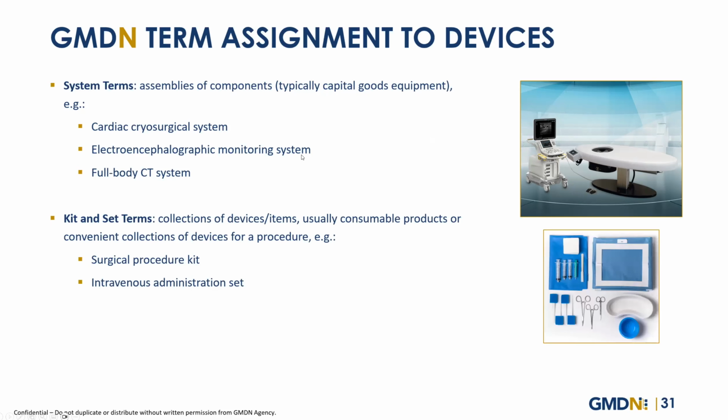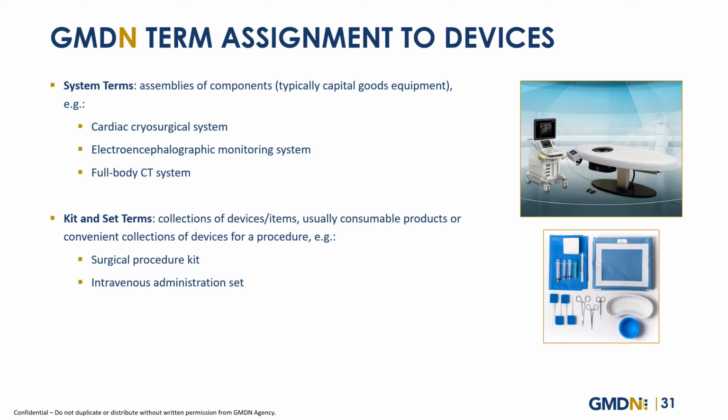Apart from the system terms, we have also kit and set terms. So these kit and set terms describe collections of devices or items, and they are usually consumable single-use products or convenient collection of devices that are used in procedures.